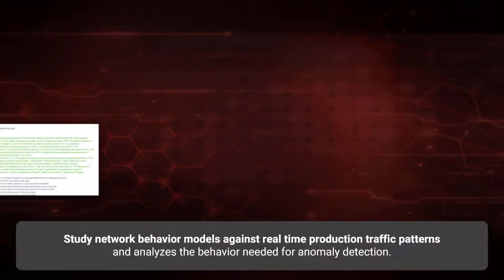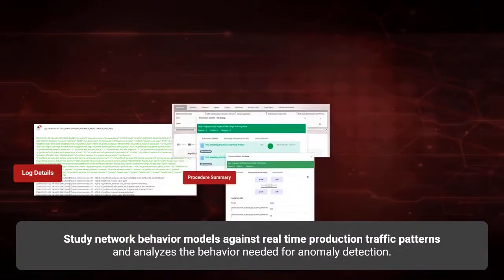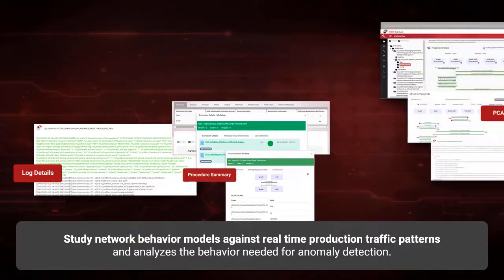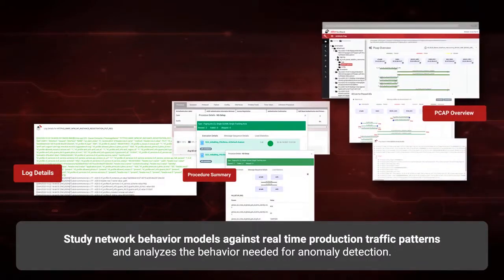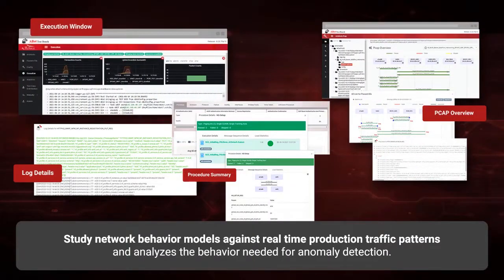ABOT provides different insights on 5G network using any 3GPP compliant logs and packet traces. It analyzes them using AI technologies and puts them in a ladder diagram for easy understanding and failure analysis.